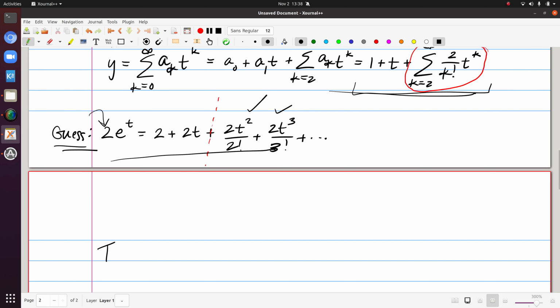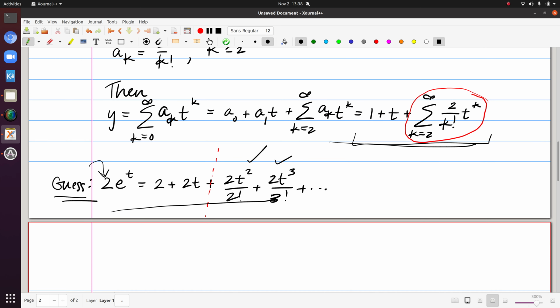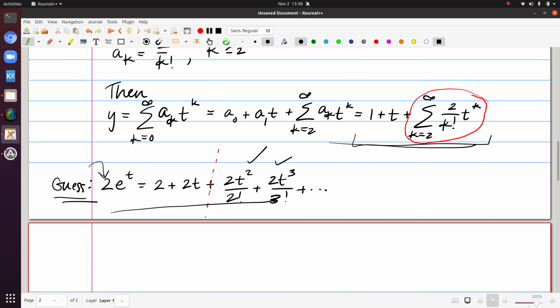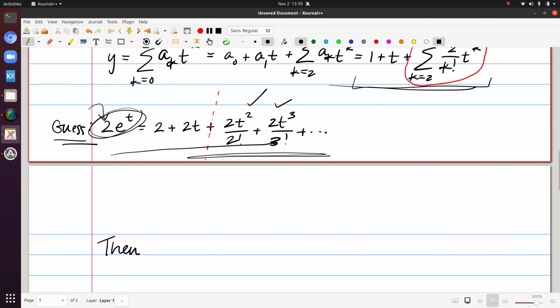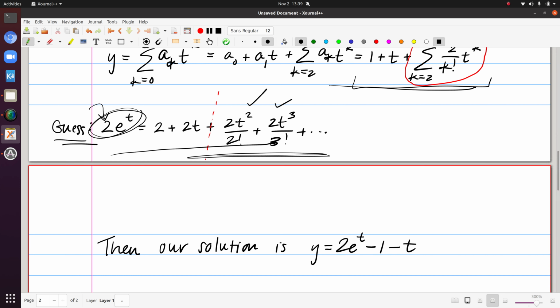So if I subtract 1 and I subtract t from the right-hand side to get the sum I already have here, then the sum of that should be the same thing as the left-hand side, minus 1 and minus t. So our solution is y equals 2e to the t minus 1 minus t.